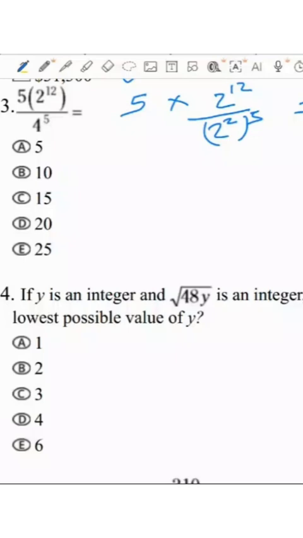So that will give us 2 raised to the power 10. 12 minus 10 is 2. So 2 raised to the power 2 is 4. 4 times 5 is 20.